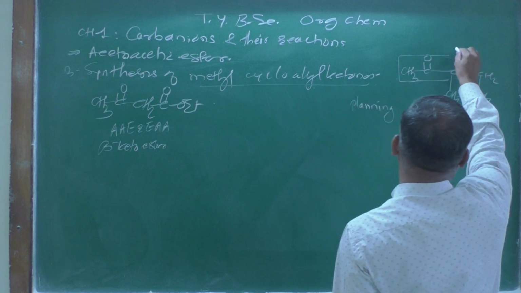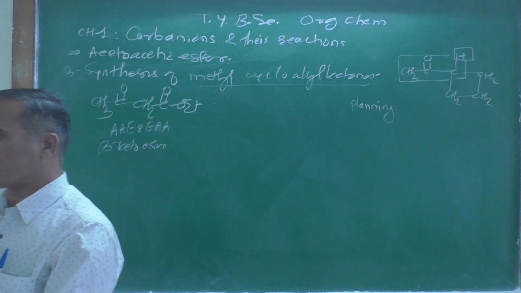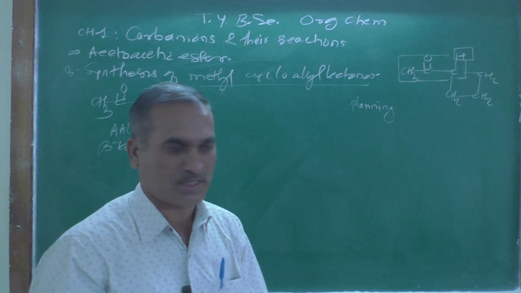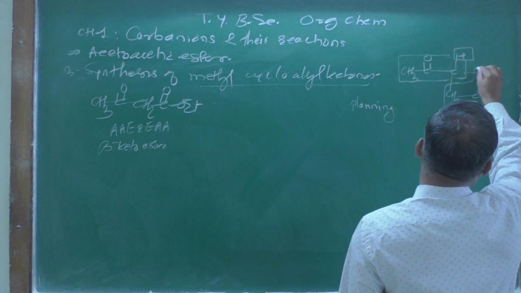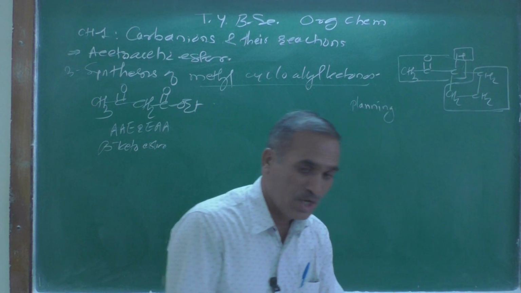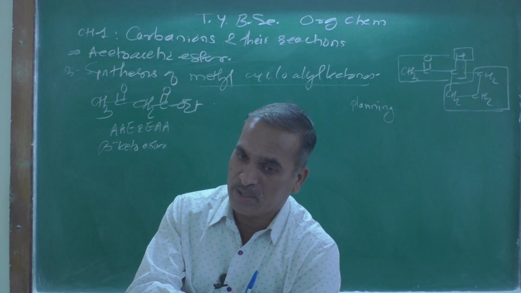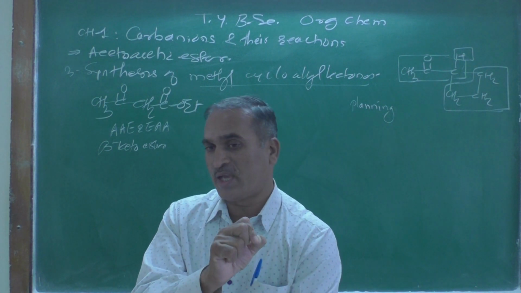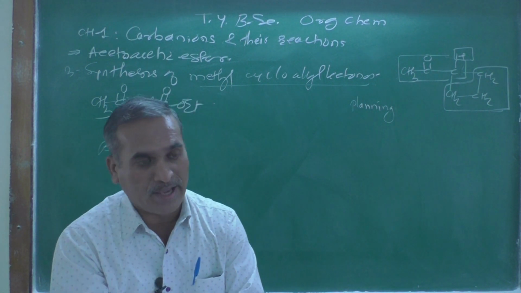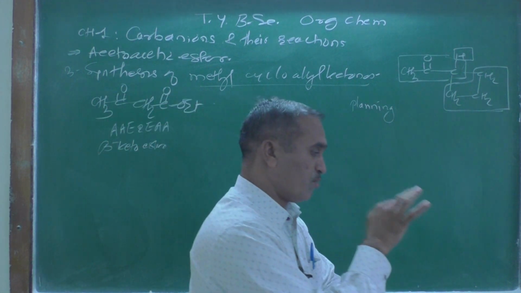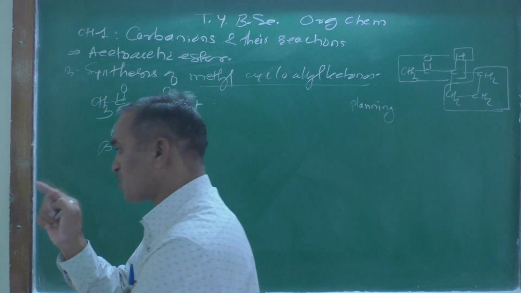This hydrogen atom is coming from the hydrolysis process. And this part is coming from the alkyl halide, which is a dihalide, since both halide groups are present in the same organic compound.